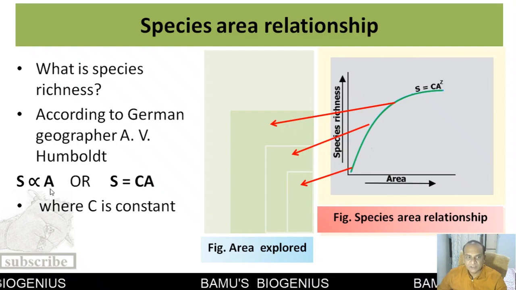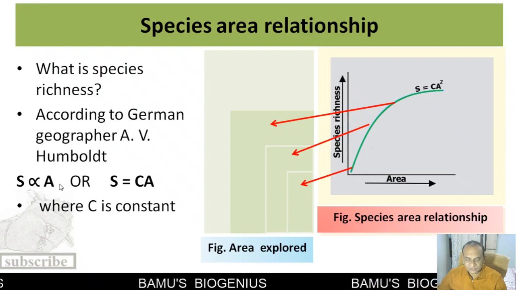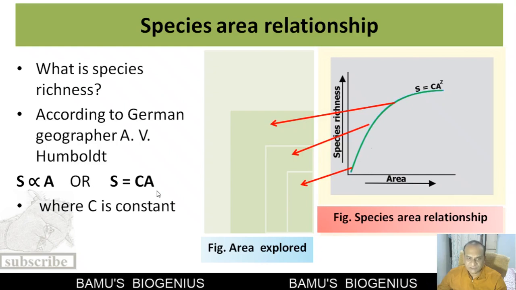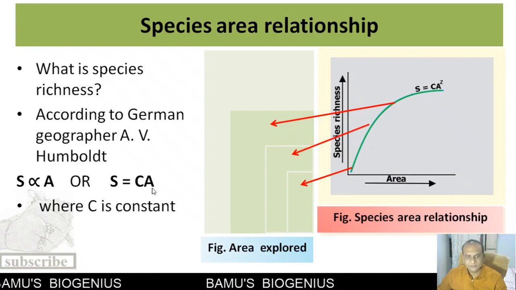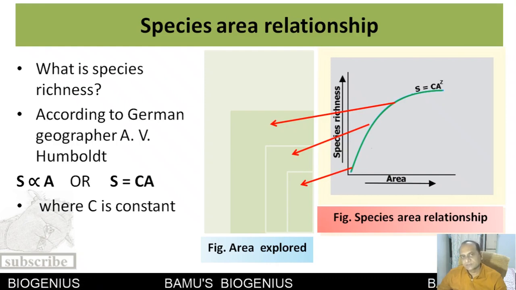That means area is directly proportional to species, or species is directly proportional to area. So this can be converted into a mathematical equation. S is equal to C A, where C is a constant, and here S means species richness and A means the area that is explored for that species richness.